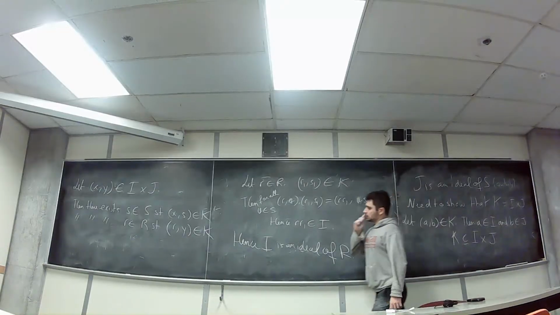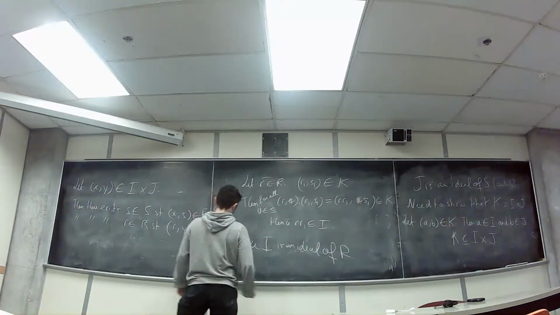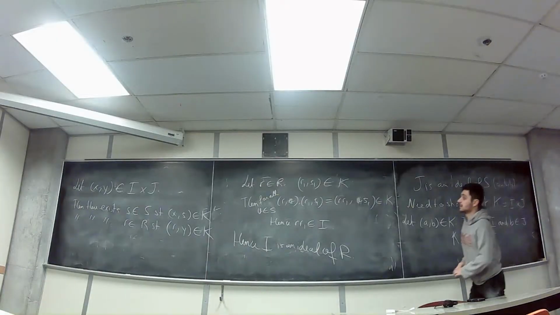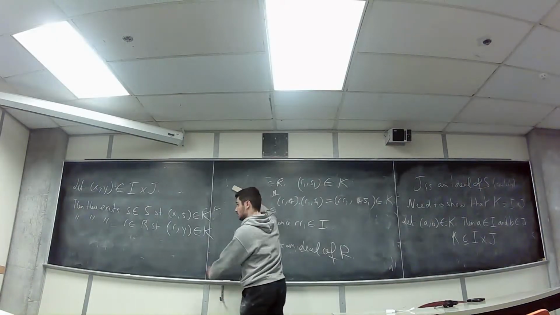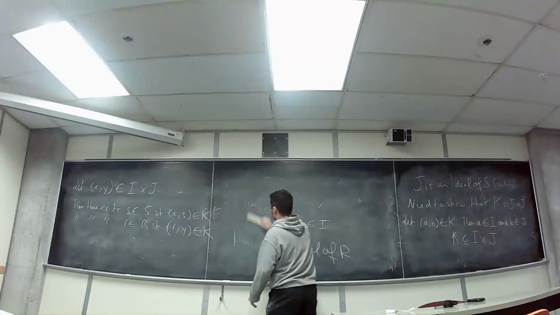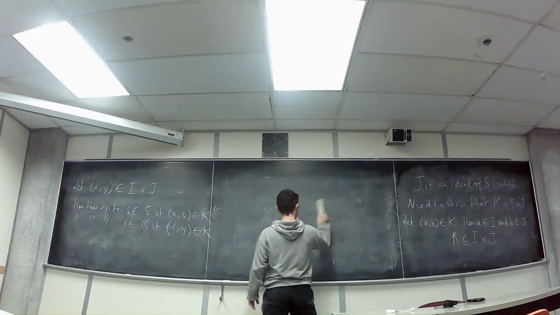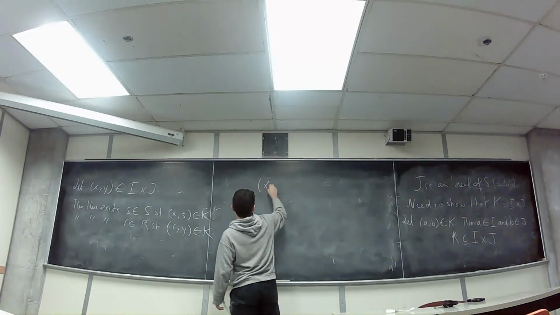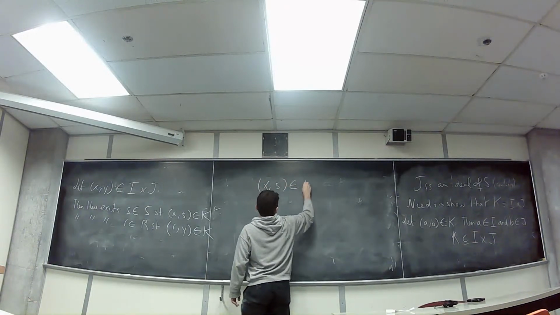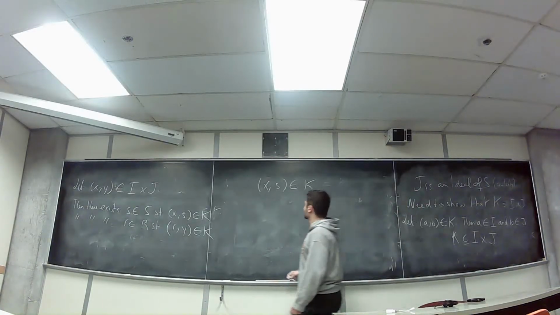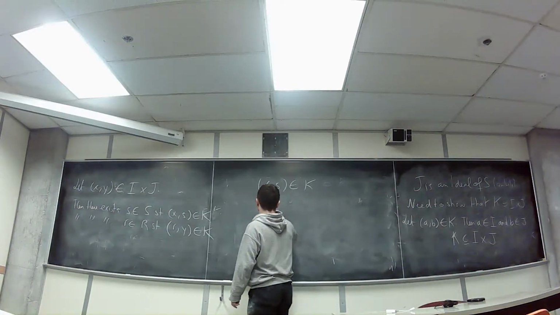Okay, let's do something. Now we'll use the fact that K is an ideal. Now xs belongs in K. Those are not very hard statements. We just have to write down the correct elements. So xs belongs in K. Now can you find a way where I get to this?